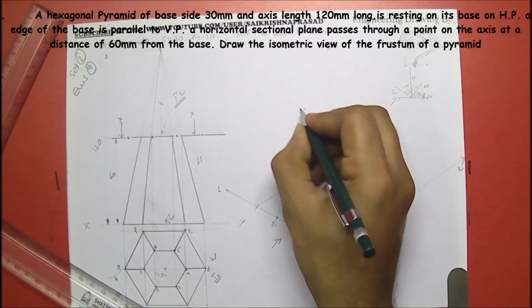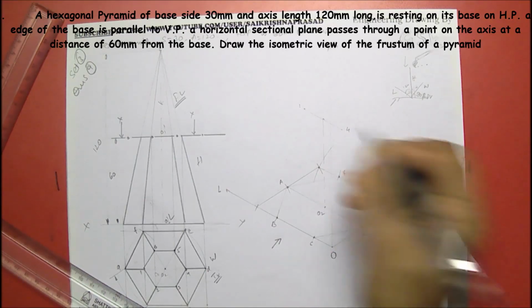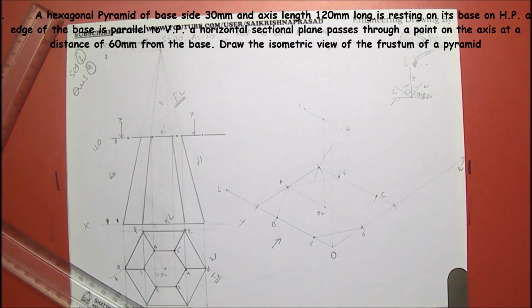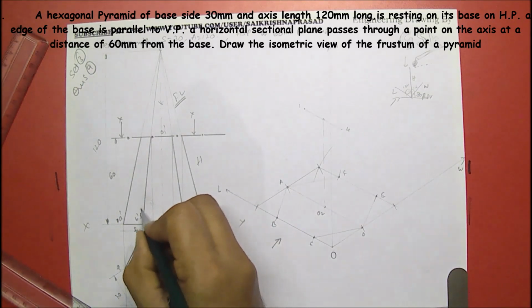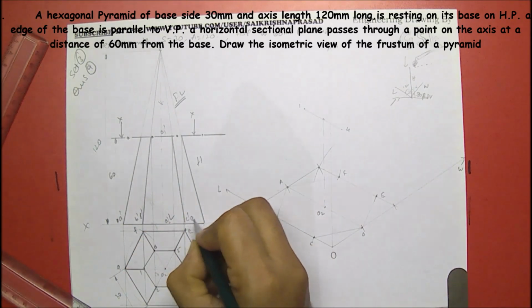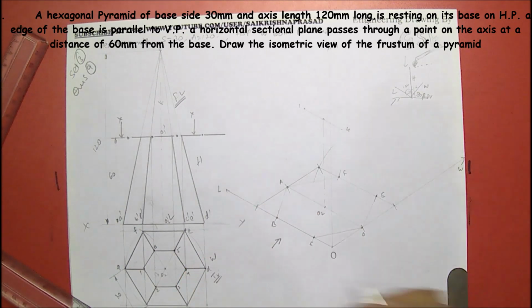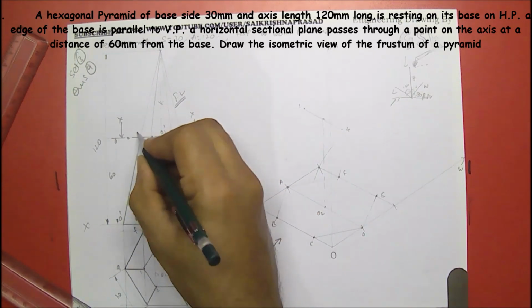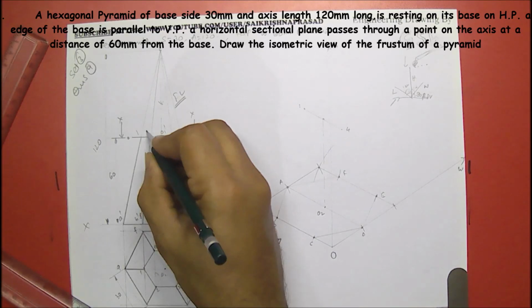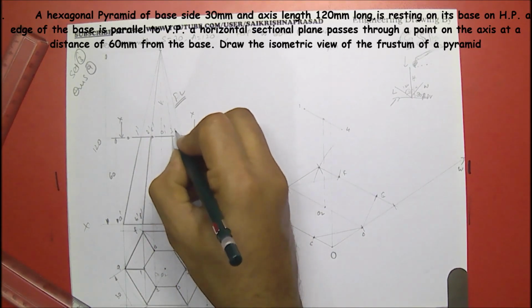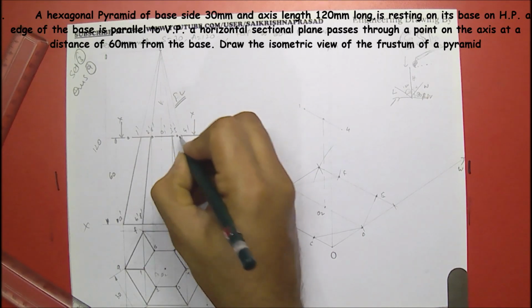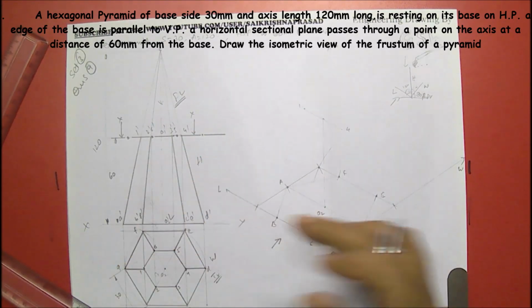Means you got 1 and 4, right? Let's mention over here B dash, F dash, and C dash, E dash, D dash, and this one would be 1, 2, 6, and this one would be 3 and 5, and this one would be the 4. So we have mentioned that.